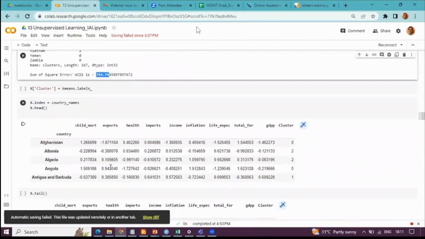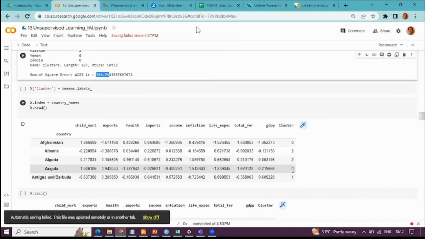All right. So you could clearly see here, I'm appending the different clusters to each of the countries. We could clearly see that Afghanistan and Angola belong to the same cluster when I'm going with a 3-cluster solution. Afghanistan and Angola, Albania and Algeria are a part of one cluster.